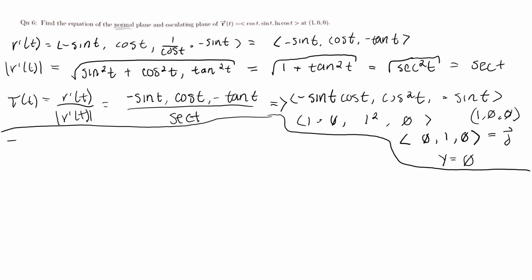So we have T derivative, which becomes, with a negative sine times cosine, a product rule here, negative cosine squared t plus sine squared t, negative 2 sine t cosine t, negative cosine t for the derivative.